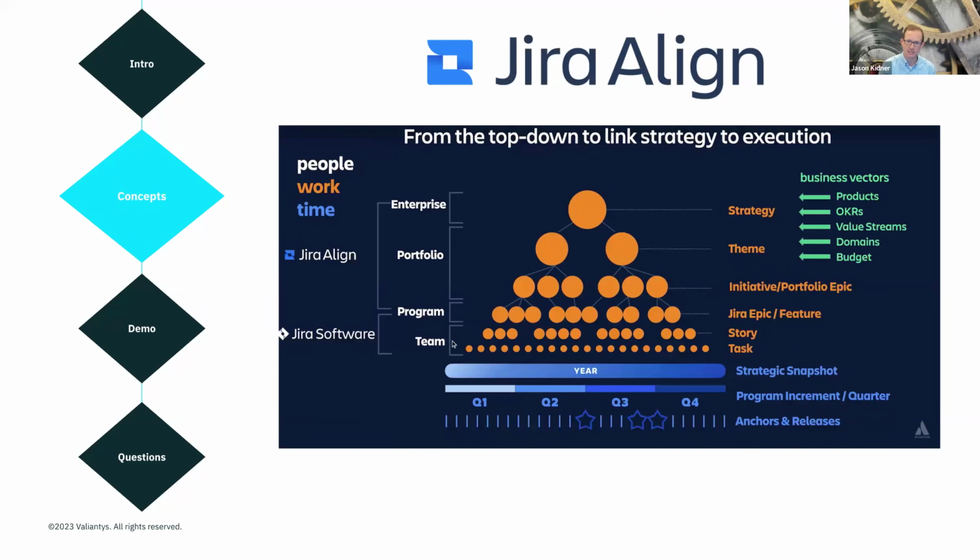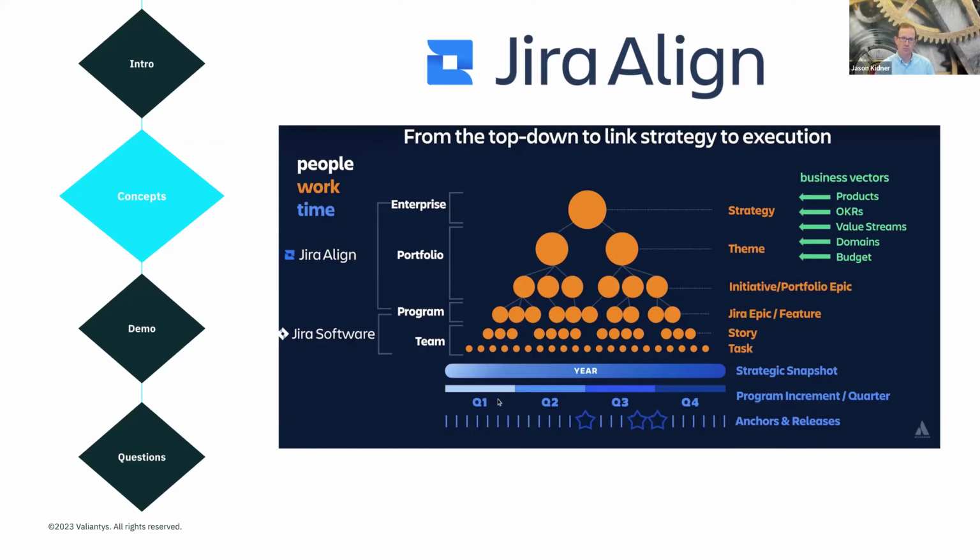The other hierarchy that Jira Align handles really nicely is time. As you can see here, you have your year-long or multi-year strategic snapshots, which, as we'll see, can be handled within the tool. You also have program increments or quarterly increments, whatever terminology you use. That can be set up within the tool.